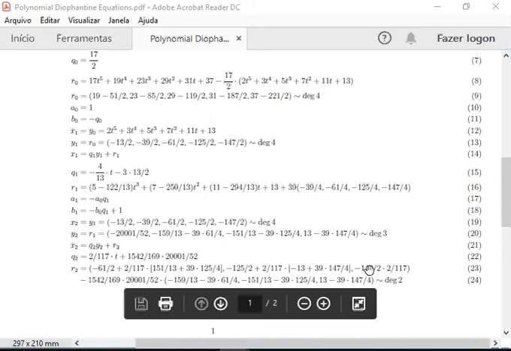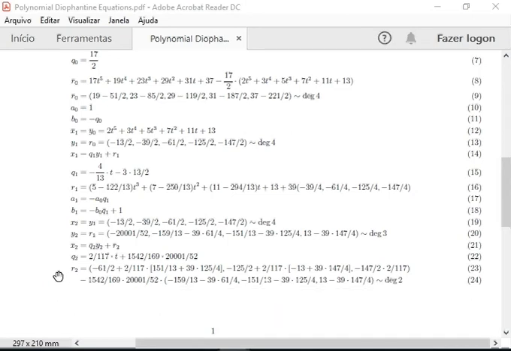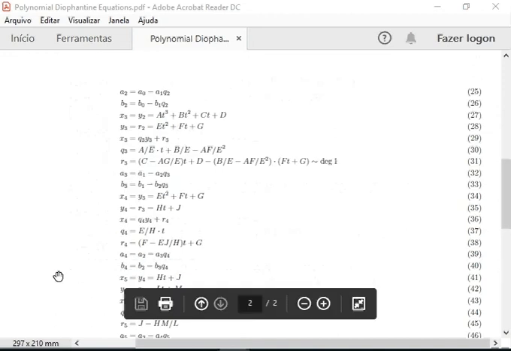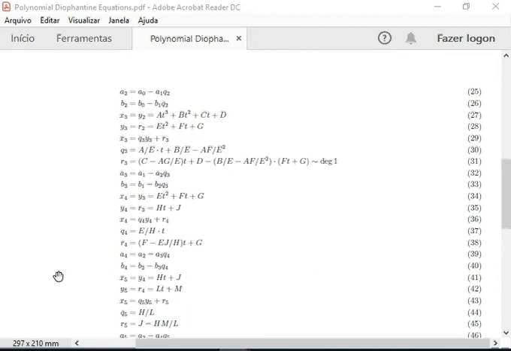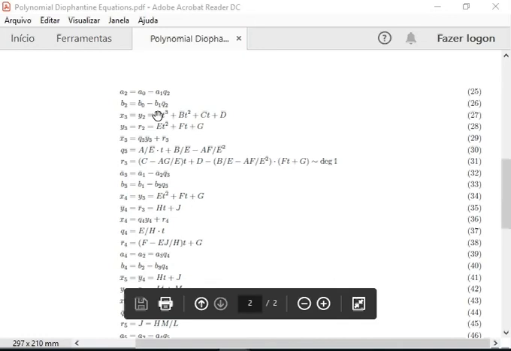Here I quit. Let the computer do that for you, not me. Now let a2 be a0 minus a1 q2. b2 equals b0 minus b1 q2.